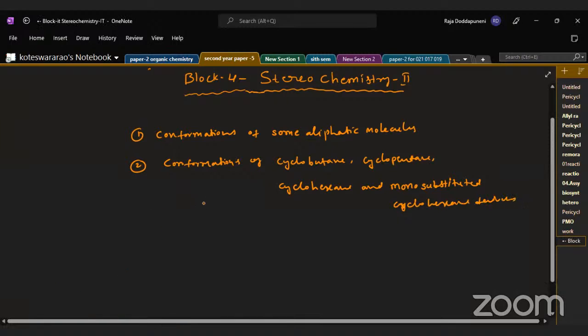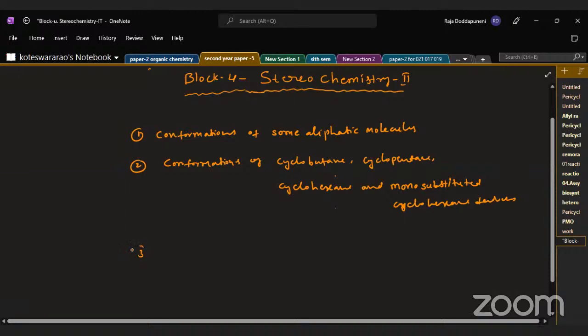That is the conformational studies in this unit, involving the conformations of cyclobutanes, cyclopentane, cyclohexanes, and monosubstituted cyclohexane derivatives.